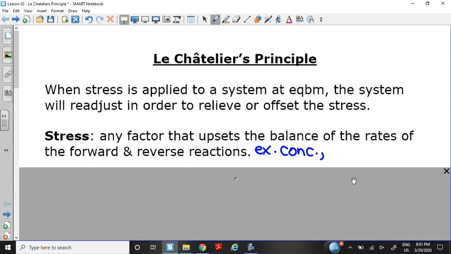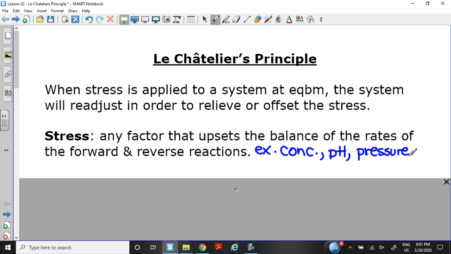You could also say pH. You could say change in pressure. We know a catalyst can also affect the rate of a reaction. So we're going to learn about some of those different things today and what happens to the equilibrium.